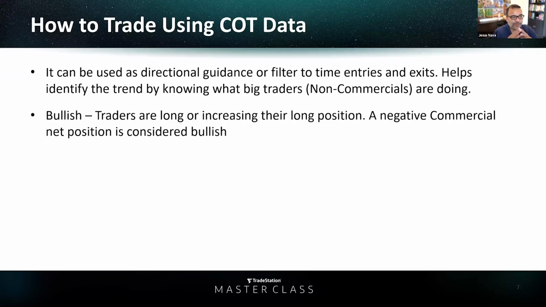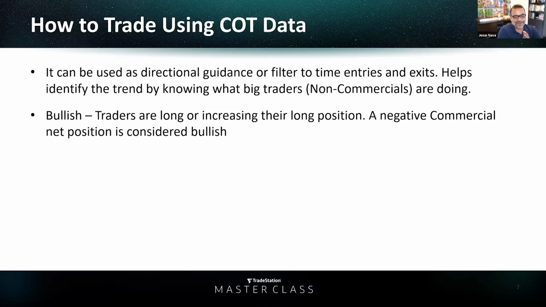You can be bullish, so traders are long or increasing their long position. There's multiple ways to identify a bullish situation. It could be that they're net long, or that they are increasing their long position, or if they are short, they could be becoming less short.